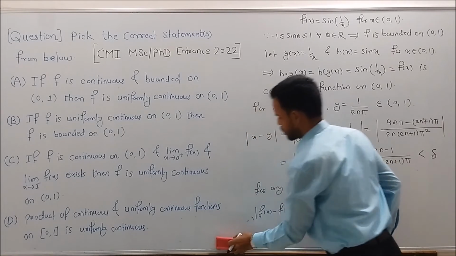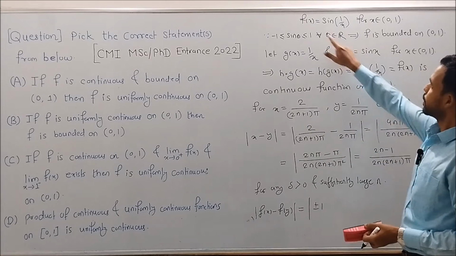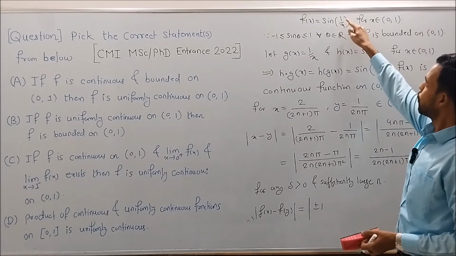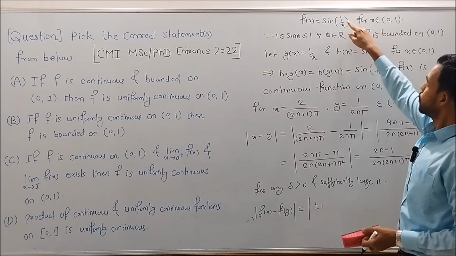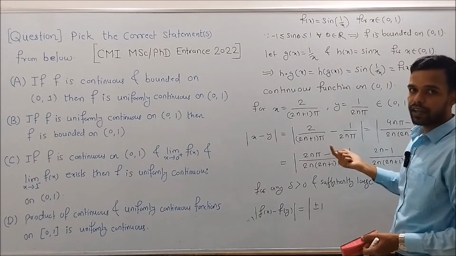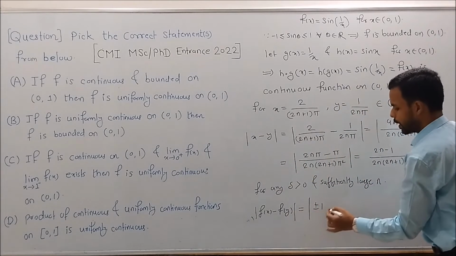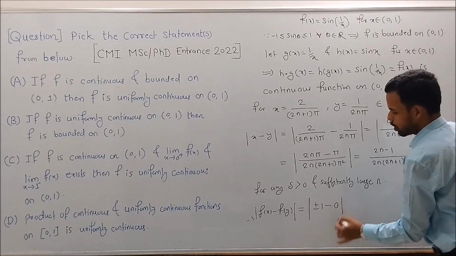Now what is f(y)? Substitute this y here. Sine of 1 upon y, so 1 upon 2nπ becomes sine of 2nπ, and sine of 2nπ is 0 for every n, so f(y) is 0.